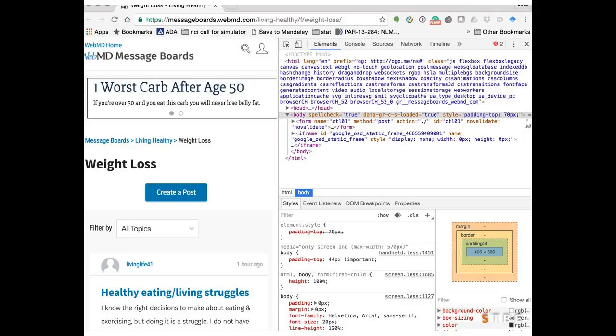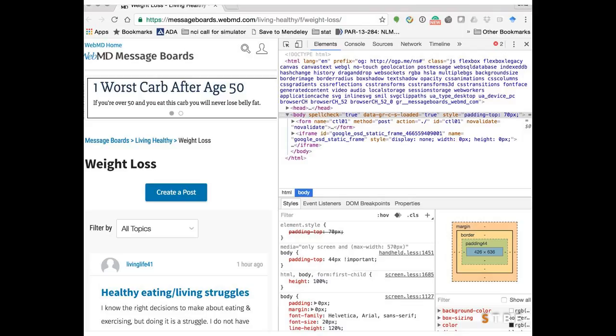For instance, if I want to get the weight loss title of this particular thread, I could look for where in the source code the weight loss title is included. I can find the tag that is handling it, find the name of that tag, and then extract the content of that tag that I'm looking for. I built that script and downloaded the data to my MySQL database on a local computer.